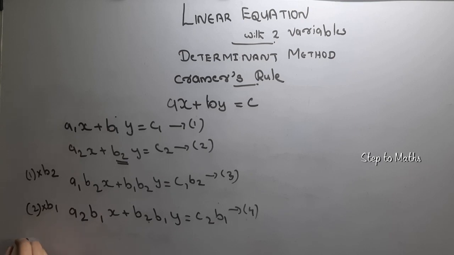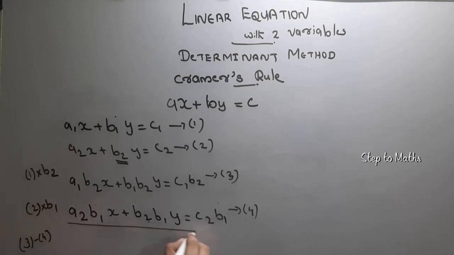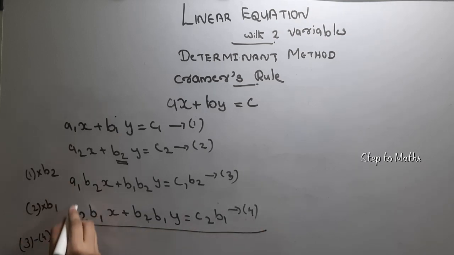Now subtract equation number 4 from equation number 3. a1 b2 x minus a2 b1 x.